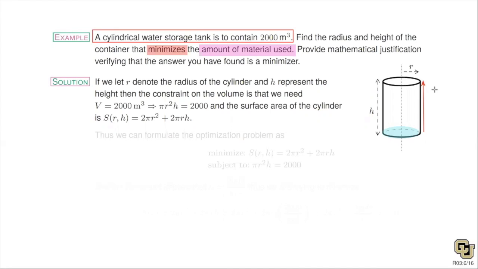Anytime the cross section is fixed in one direction, you can just find the area of the base and multiply by the height. So here, the area of the base, which is a circle, would be pi r squared times the height, which is h. And so here, our volume formula is pi r squared h equals 2,000.